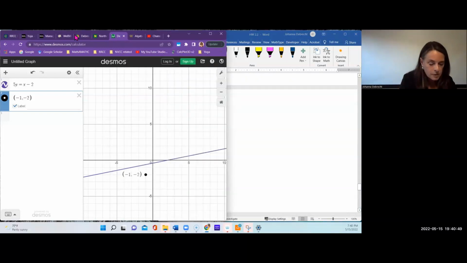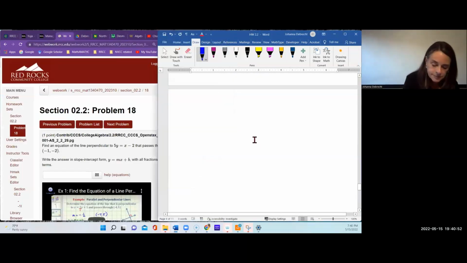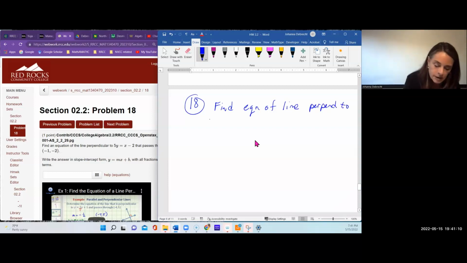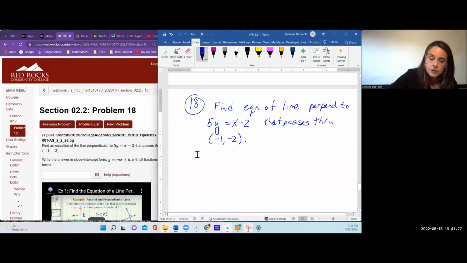This was problem number 18. Find the line. And this is what I expect you to do. Perpendicular to 5y equal x minus 2 that passes through -1, -2.